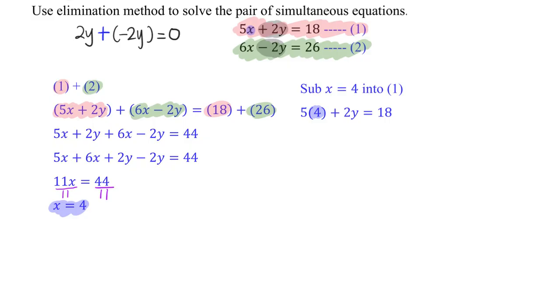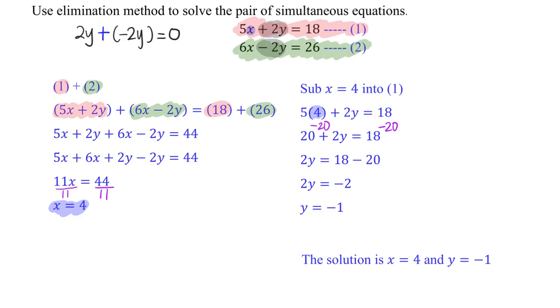And when I do that, I will be able to solve for y. 20 plus 2y equals 18, and eventually I minus 20 on both sides. After which, I'm going to divide by 2 on both sides to give me this, and write down your final answer.